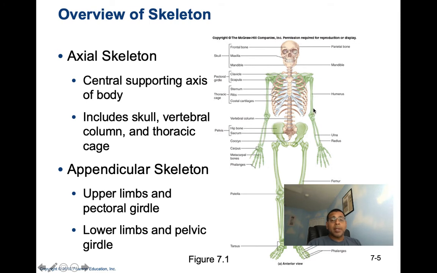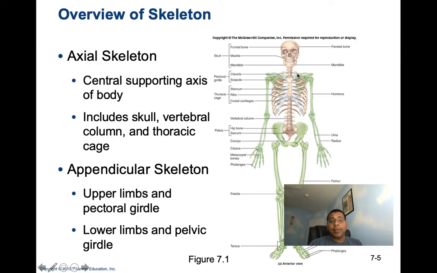Next one we have appendicular skeleton. The appendicular skeleton is made up of bones of the upper and the lower limbs, right? Upper, lower appendages. And also the girdles. These are basically the bones that are going to help append the limb bones to the axial skeleton.